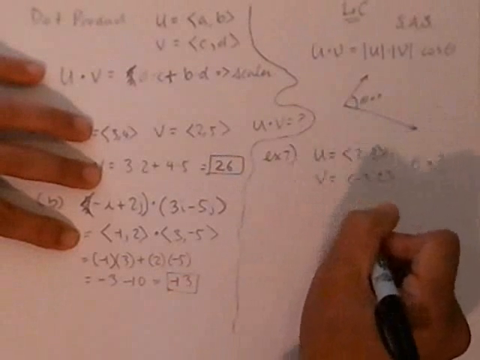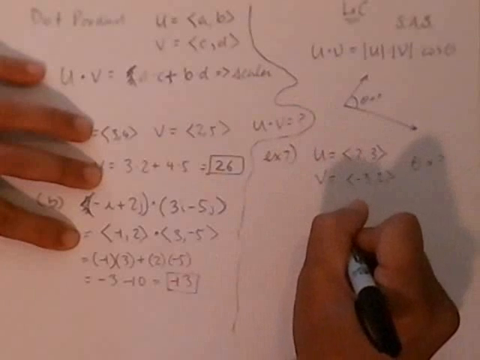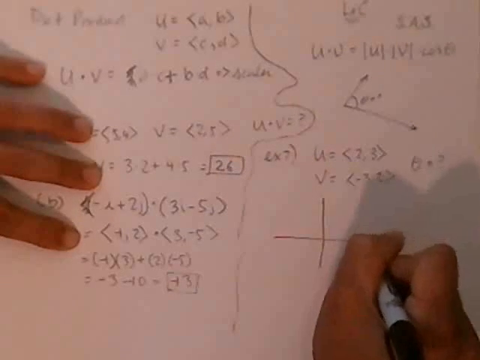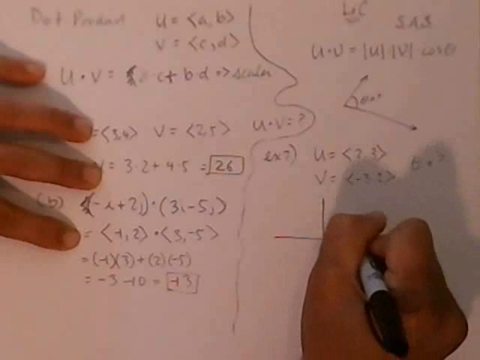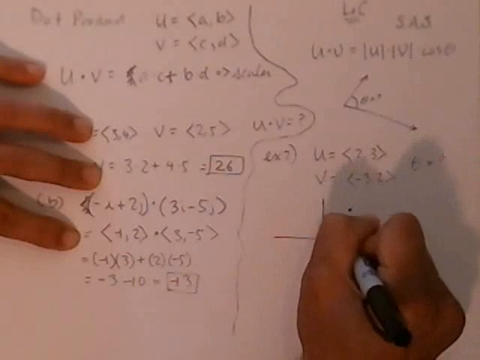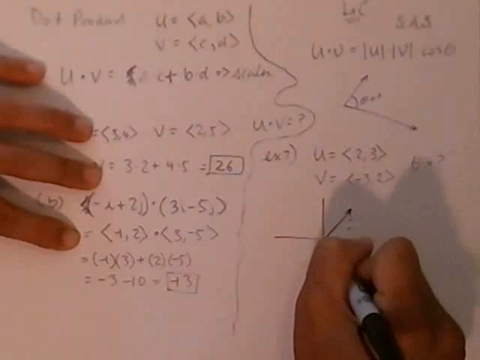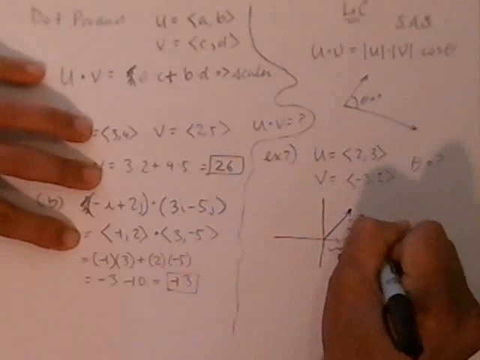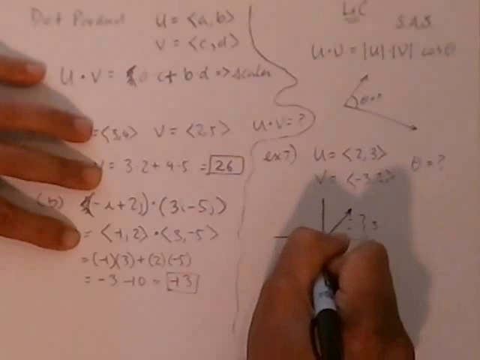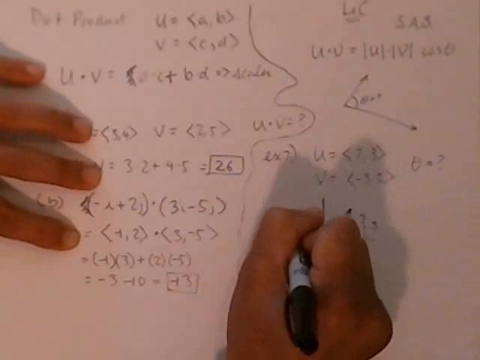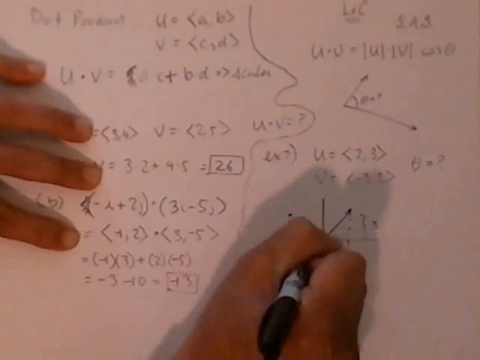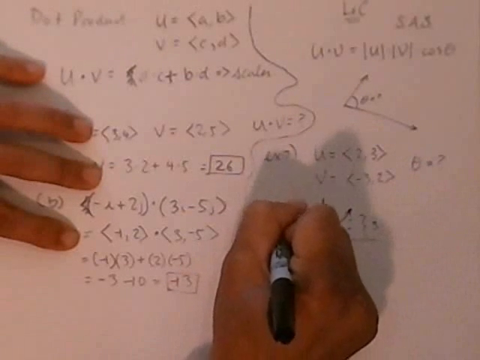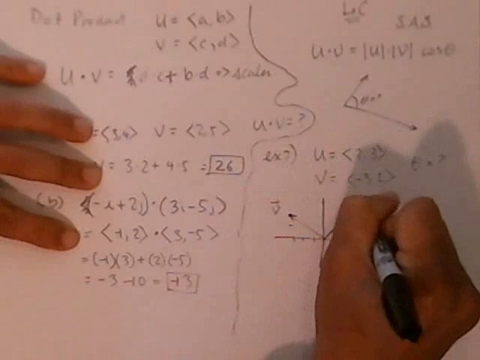It's going to be the first and second quadrant. That's 2 in the x direction, that's 3 in the y direction. And then negative 3, and then up 2. That's vector v, and that's vector u.